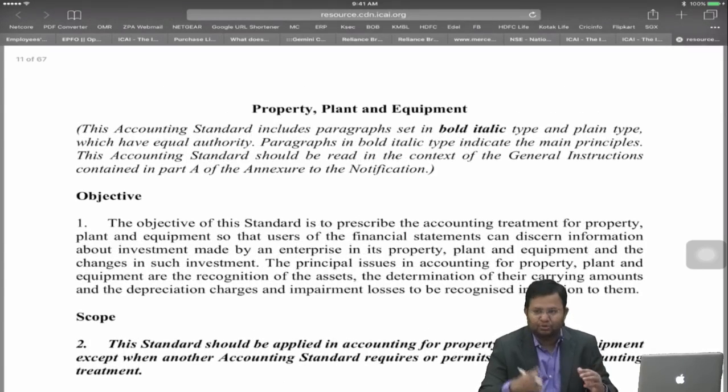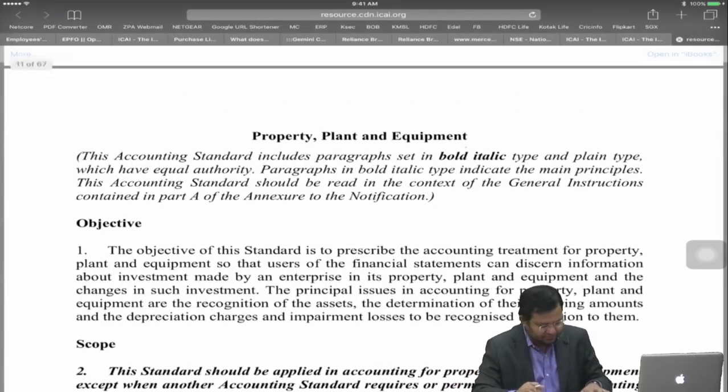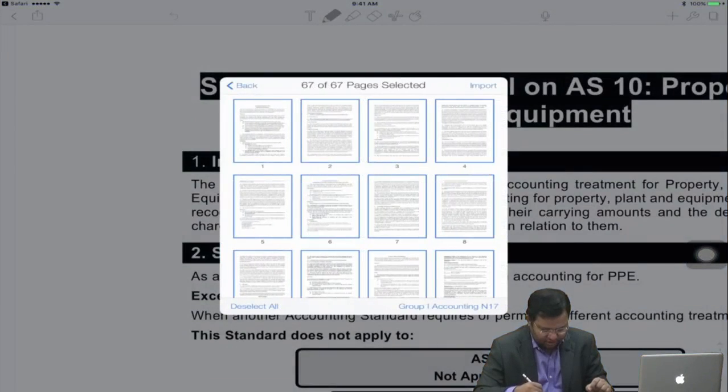So the process of making standards and other things I'll be covering at the end. Core standards let me discuss first. I shared both the files with you on Telegram also for your reference.